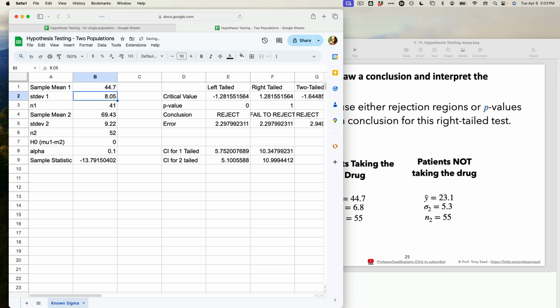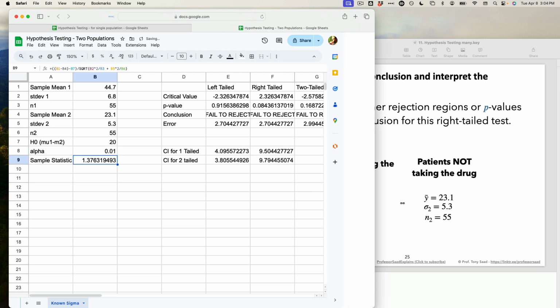Standard deviation is 6.8 points, and N1 is 55. My sample mean 2 is 23.1, and my sigma 2 is 5.3, and my N2 is also 55. Now, my null hypothesis is mu1 minus mu2 is what? 20. That's where my null hypothesis changes, and we want to test this at the 0.01 level.